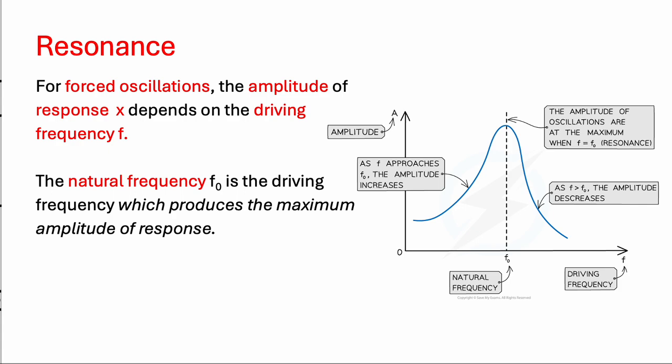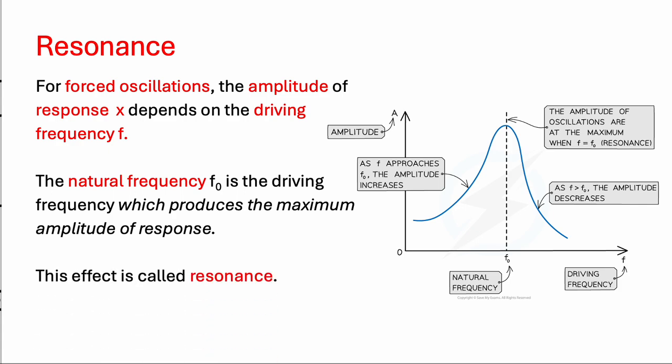The maximum response is the point at which we reach that natural frequency. So when we were driving the yellow sphere, the yellow mass, with its natural frequency, it was vibrating really strongly. However, when we went away from it, it started to vibrate a lot less. So our natural frequency is the driving frequency, which produces the maximum amplitude of response.